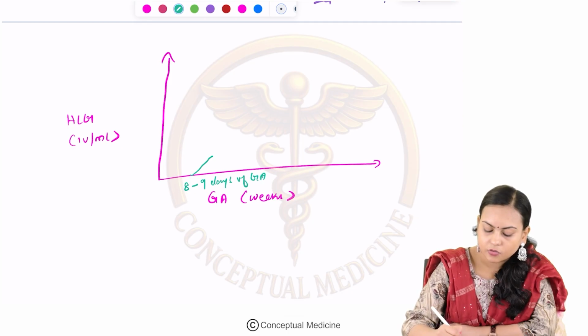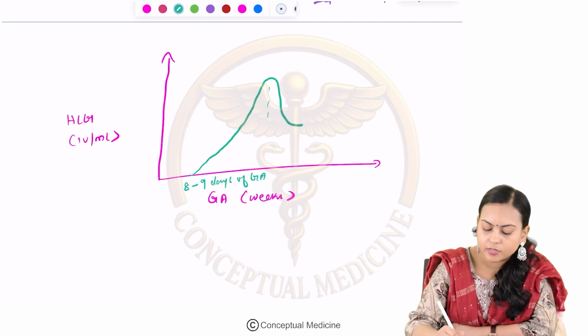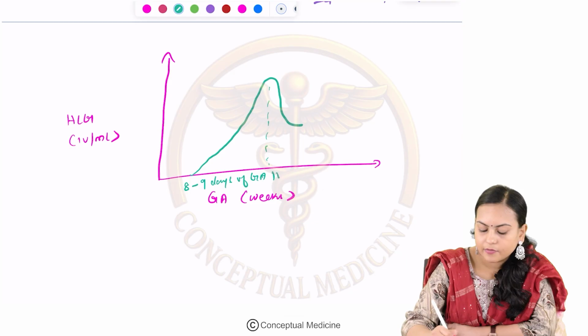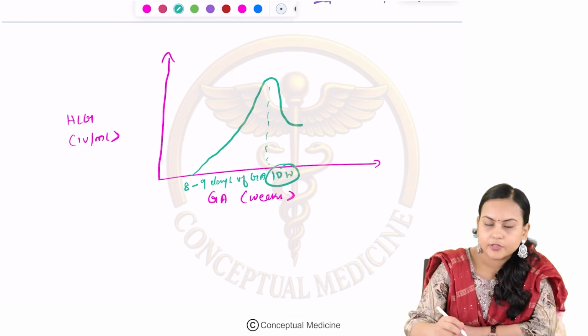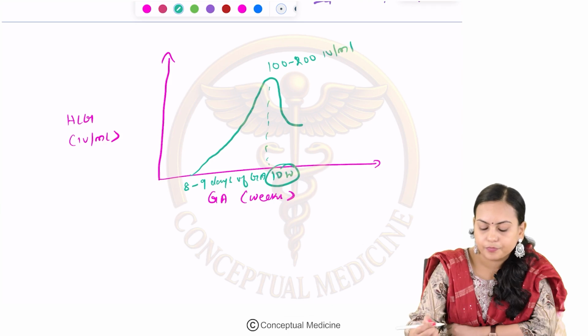This is going to start increasing slowly and by around 10 weeks it is going to reach the peak levels, between some 100 to 200 international units per ml. Then it is going to decrease slowly starting from 16 weeks to 20 weeks.